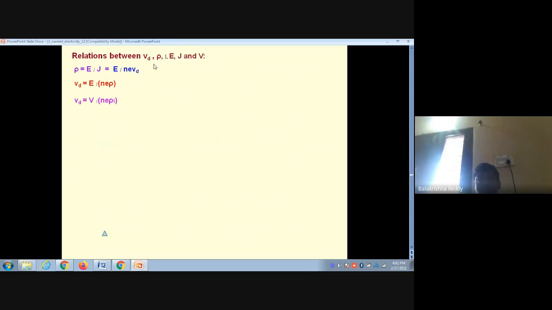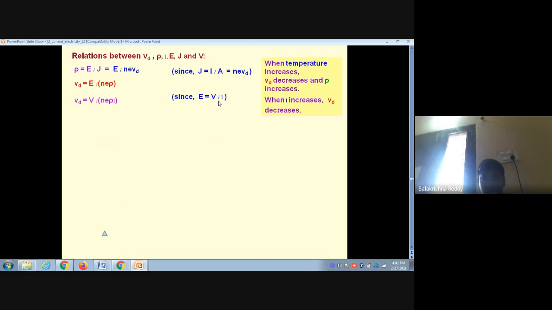From this equation, now Vd = E/(neρ), E = V/L, so Vd = V/(neρL). Along the length of the conductor it has been taken. See, current density I/A, from there neVd they have taken, again equal to V/L.